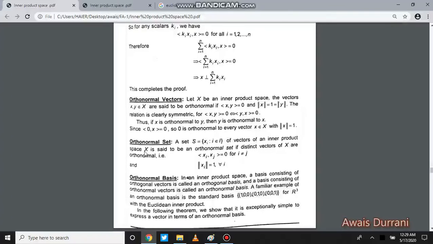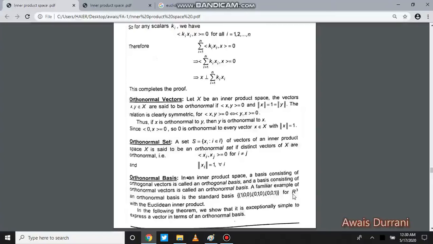And now coming towards the definition of an orthogonal basis and an orthonormal basis. For example, we have an inner product space X and we have a set of bases, for example this one. Okay, so R cube is an inner product space and this is a basis for R cube.